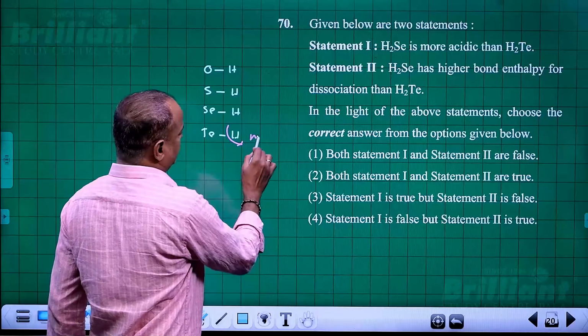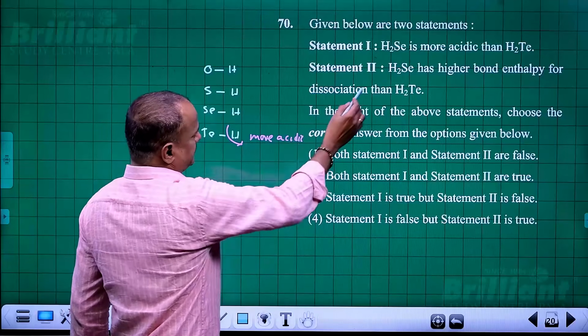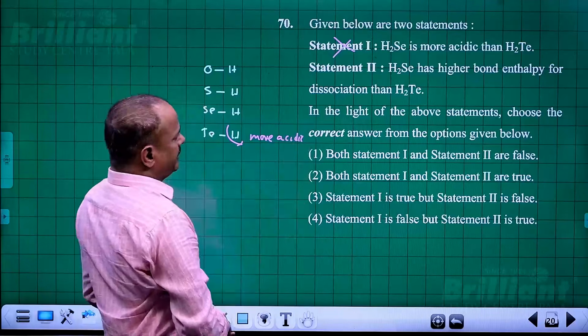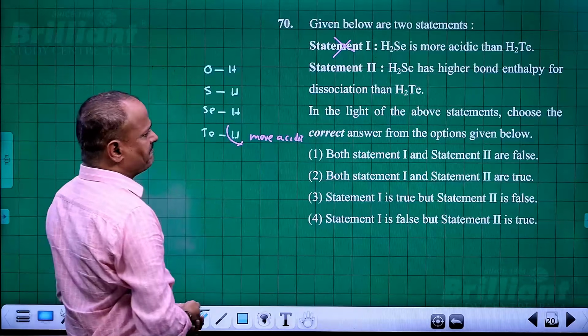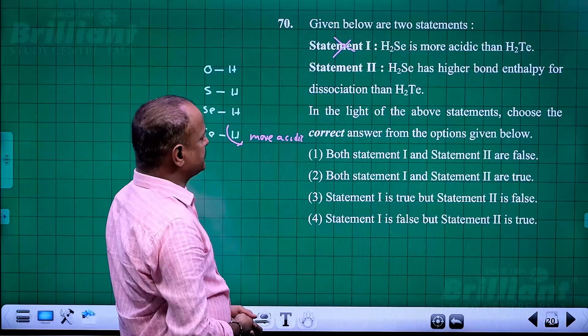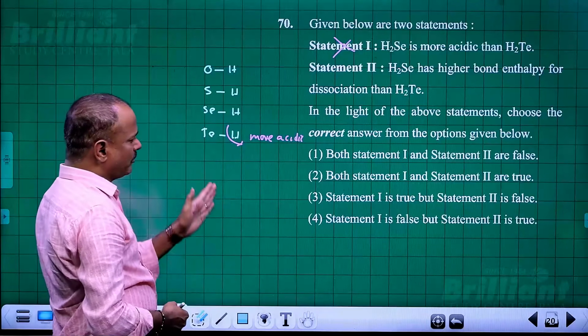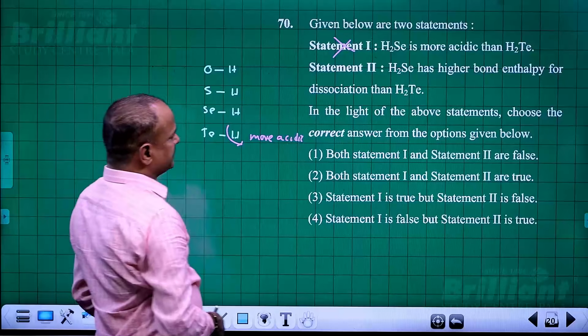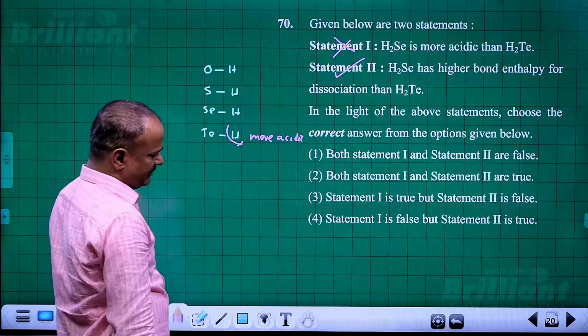It is more acidic. So statement 1 is false. H2Se has higher bond enthalpy, meaning bond energy, than for the dissociation of H2Te. Correct, because bond energy top to bottom decreases. So 1 false, 2 correct.